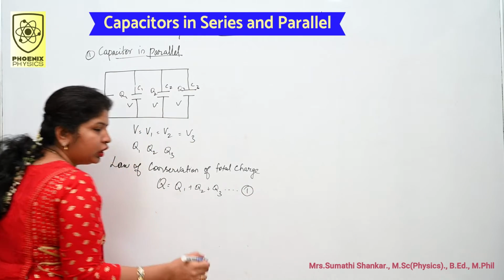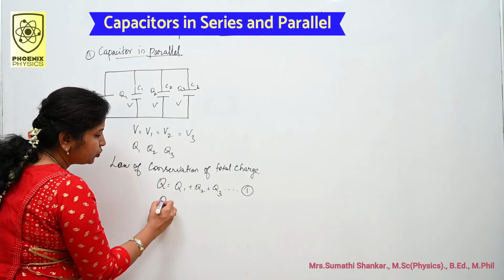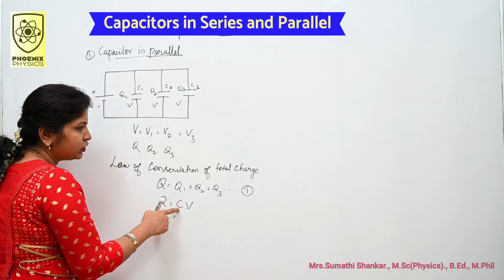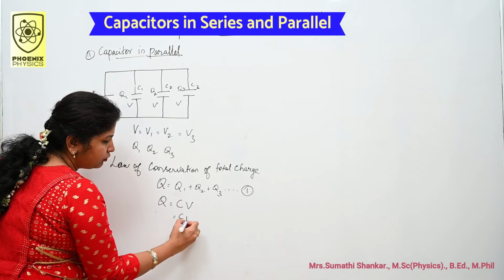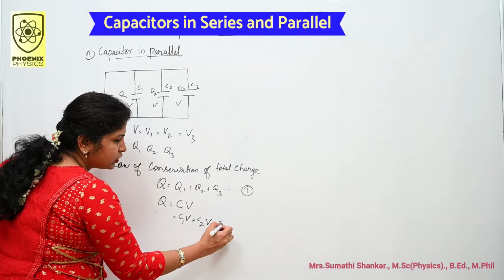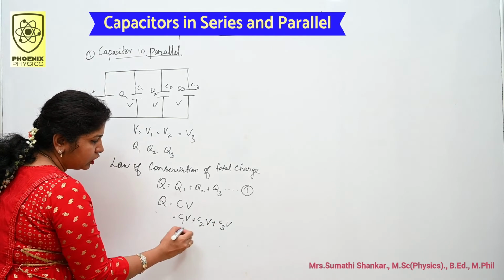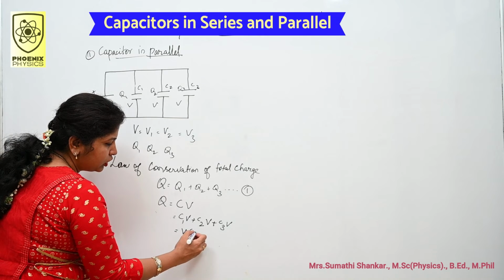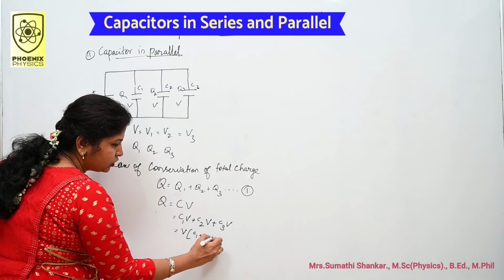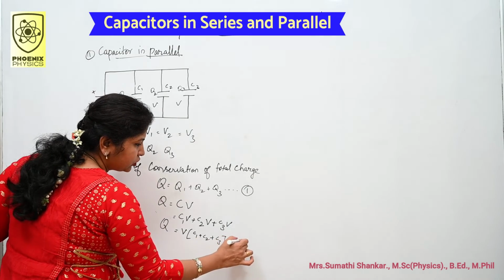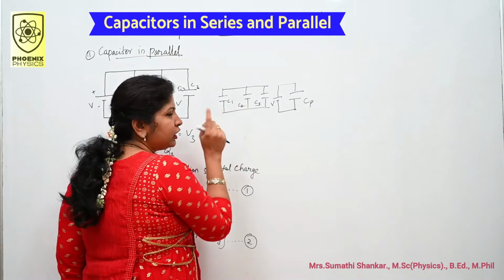This is our equation 1. We know that Q is equal to C into V. Here V is the same, C is different. So C1V plus C2V plus C3V. V is common, take it outside: V into C1 plus C2 plus C3. This is our Q, say equation number 2.